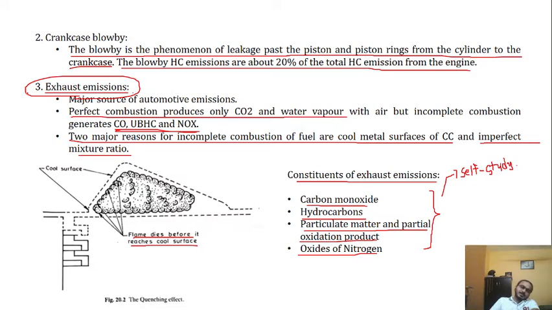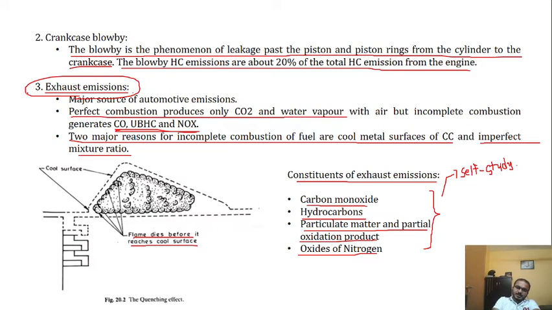The third one and the major source of automotive emissions is exhaust emissions. In a case of perfect combustion, we get only carbon dioxide and water vapor, but with incomplete combustion, it generates other gases like carbon monoxide, unburnt hydrocarbon, and various forms of nitrogen oxides.